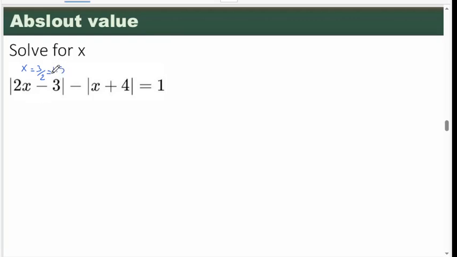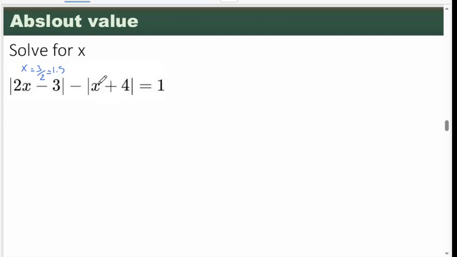And for any x larger than 1.5, I get a positive inside this absolute value, so I can get rid of this absolute value sign without multiplying with negative sign. So I get what's critical point.